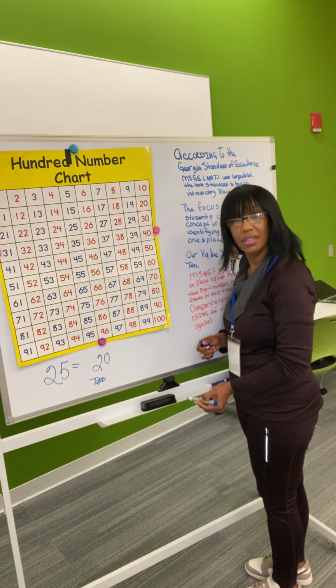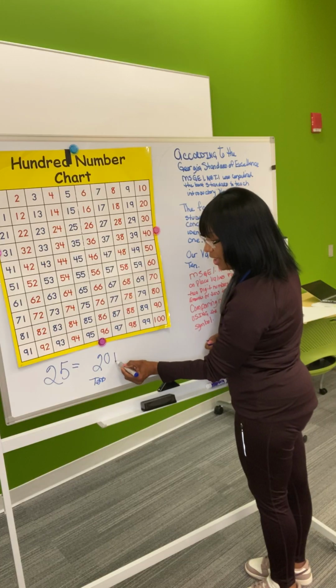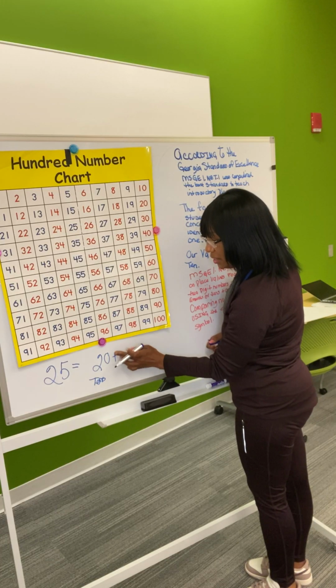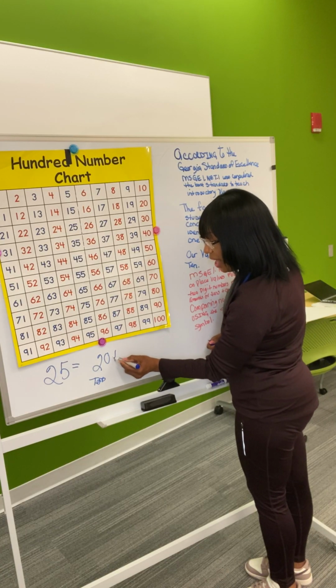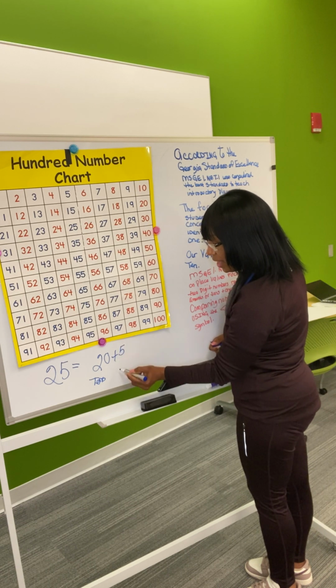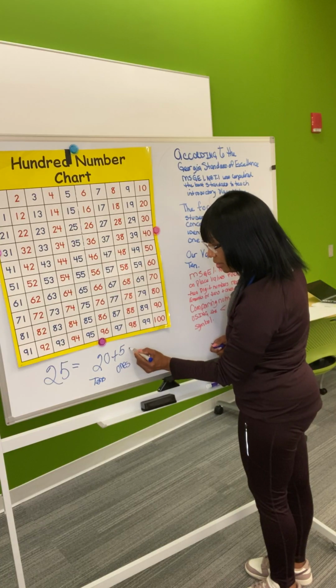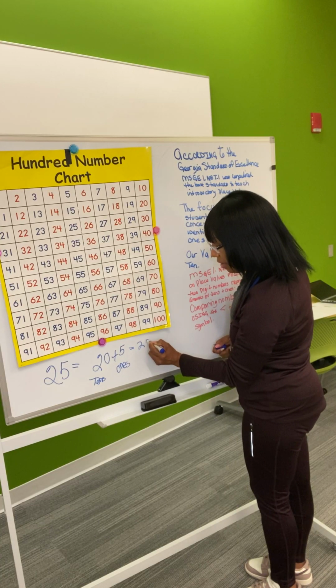And the student could say 20. And I could ask, what does the number 5 represent? And they would say, in the ones place, 5 ones, which equals 25.